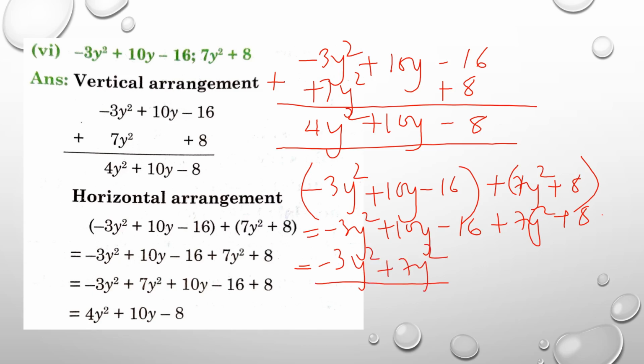Plus 10y is separate here. Minus 16 plus 8. So here minus 3 plus 7 is 4y square plus 10y, minus 16 plus 8 is what? Minus 8. So this is your answer.